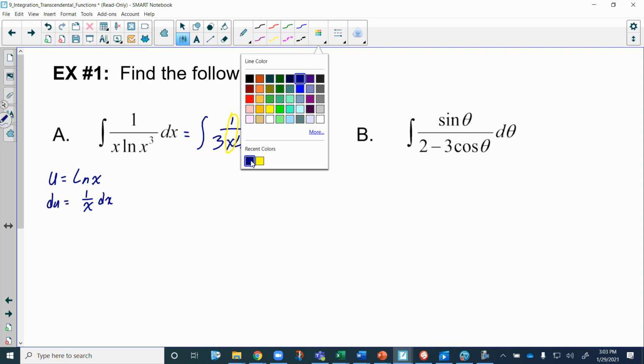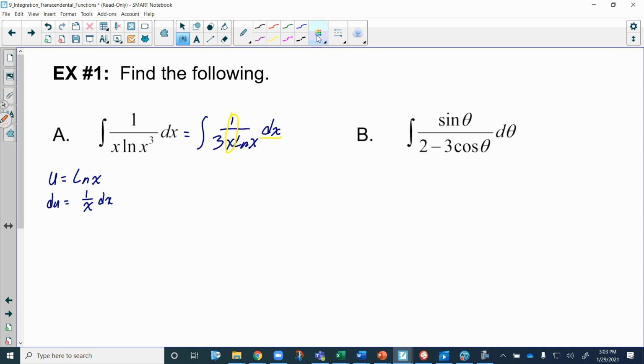So now that we have our u value identified, we can rewrite the integral to be the indefinite integral of, and in this case, we'll go ahead and pull out the 1/3. And so that will give me 1 over u du, or du over u if you prefer to write it that way.